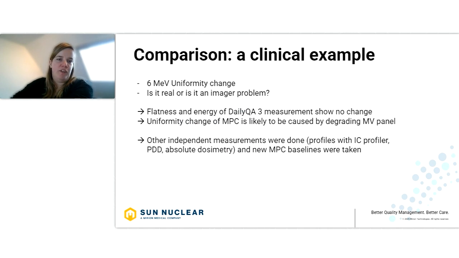So in conclusion for this example, we saw that flatness and energy of the daily QA measurement showed no change, and that the uniformity is likely caused by the MV panel. We did some other independent measurements and new MPC baselines were taken.